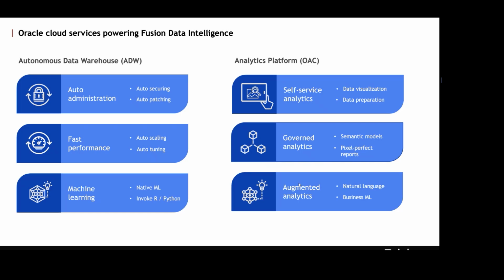And like I said, you're also investing in a brand new, state-of-the-art analytics platform where you can do advanced data visualizations, but also advanced data preparation, bringing in your own Excel sheets and third-party data to blend into any of the out-of-the-box financial data that you may have. Pixel perfect reporting and augmented analytics are all part of the OAC package that will set up the foundation for future success here.